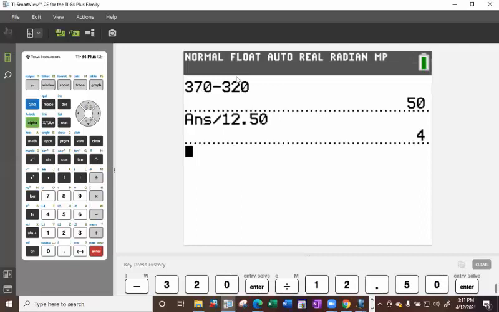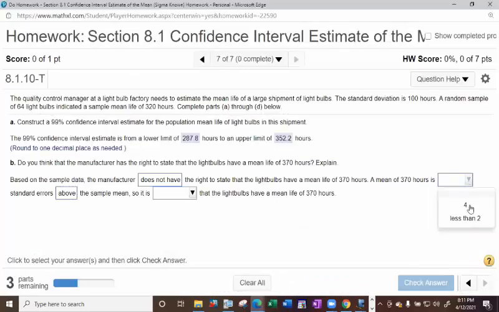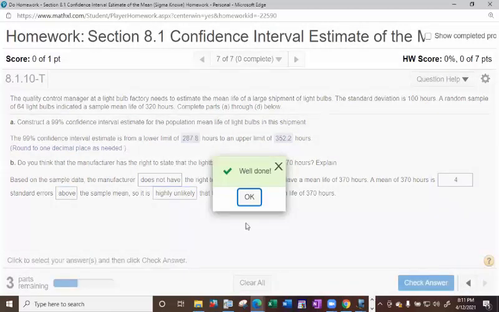Okay, so they did this on purpose to make this work out exactly right. So it's 4 standard errors above the sample mean. So it's highly unlikely. I'd say extremely unlikely. Super duper unlikely.